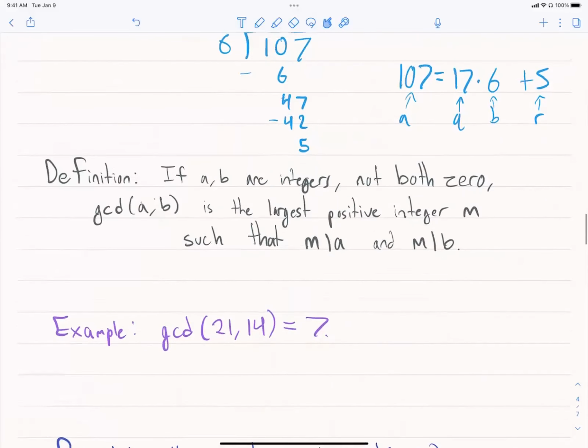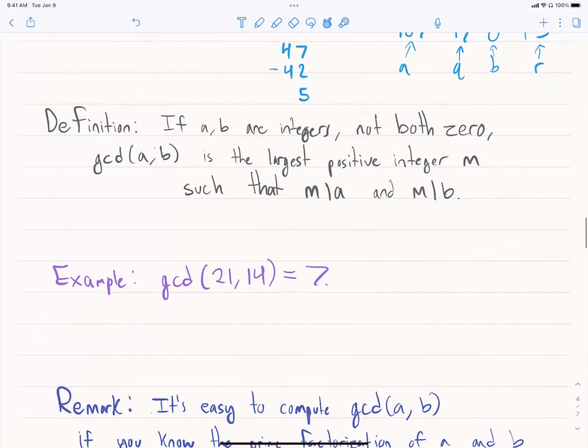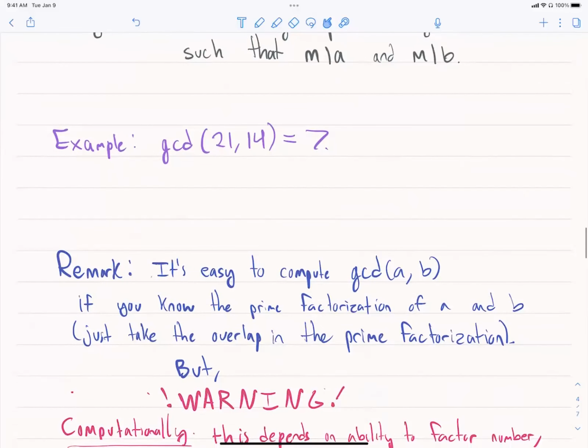For example, the greatest common divisor of 21 and 14 is equal to 7. These are both multiples of 7: 21 is 7 times 3, 14 is 7 times 2. You can convince yourself there's no larger divisor. What was I doing when I said that out loud? I said the prime factorizations, and from elementary school, you know how to compute the greatest common divisor once you know the prime factorizations.